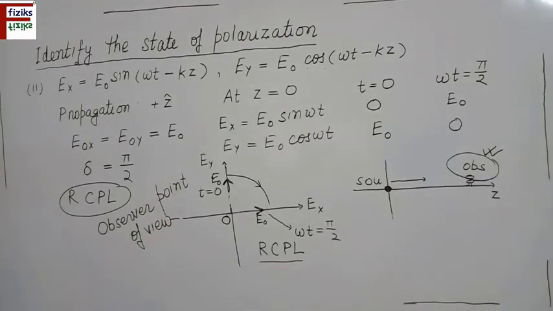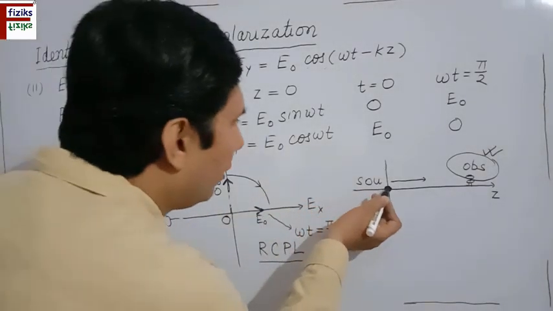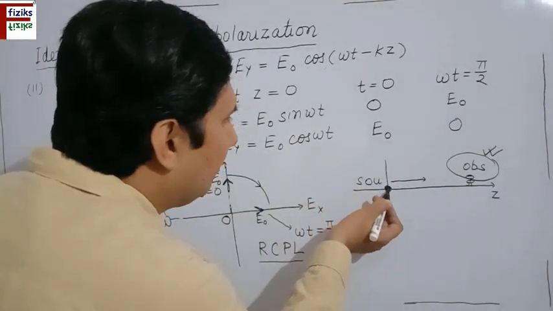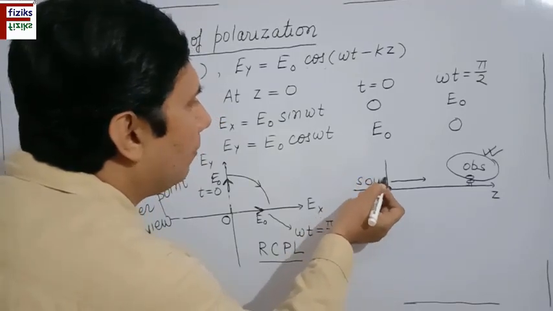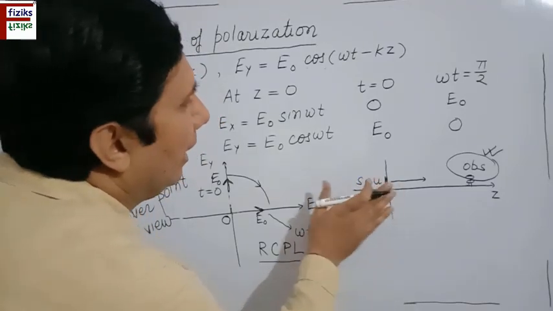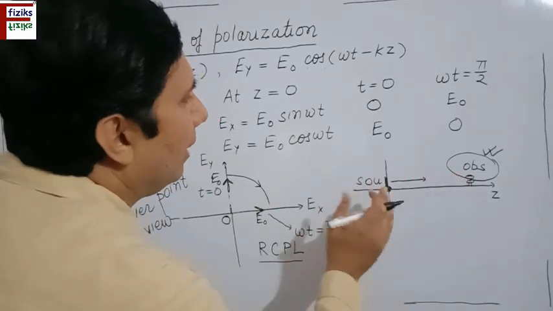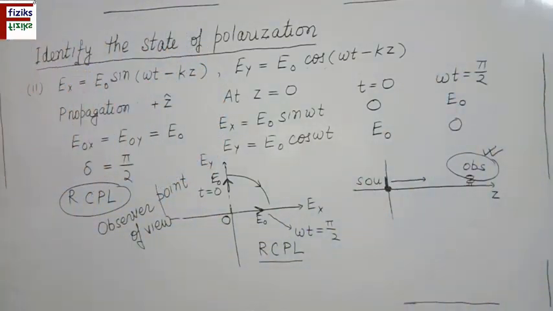Now there can be another view, and this view can be for an observer. Suppose I am standing here at the position of the source, and from this position I am observing the polarization of light when light is moving away from me. So I will observe the opposite polarization as observed by the observer.